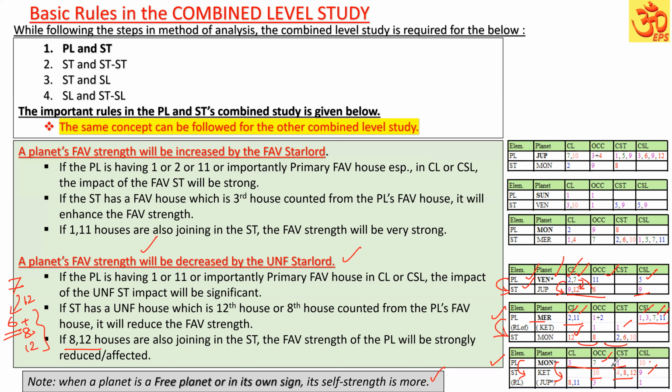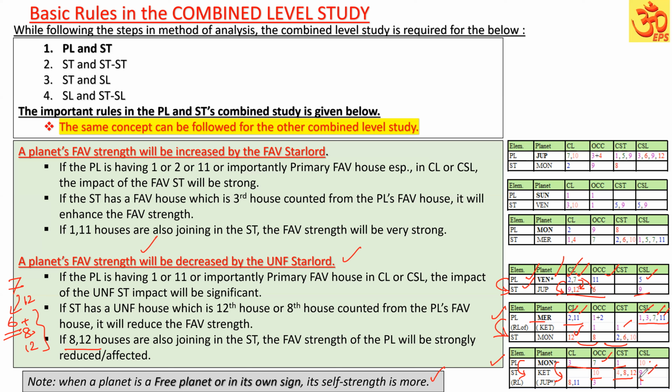So the favorable strength of this planet will get reduced, affected by the star lord Ketu's signification. And of course, these favorable groupings also will try to reduce the unfavorable impact. Suppose if it is not having these houses, the impact will be more.